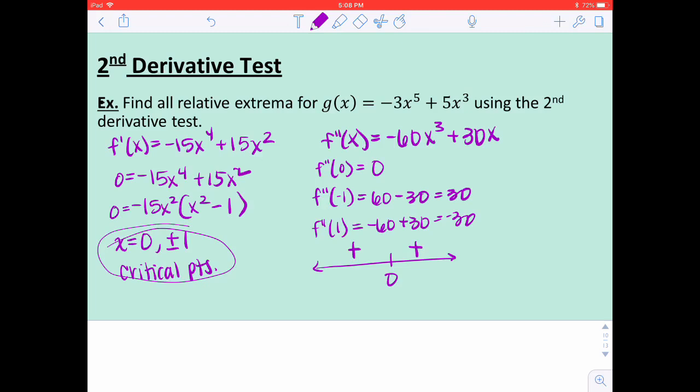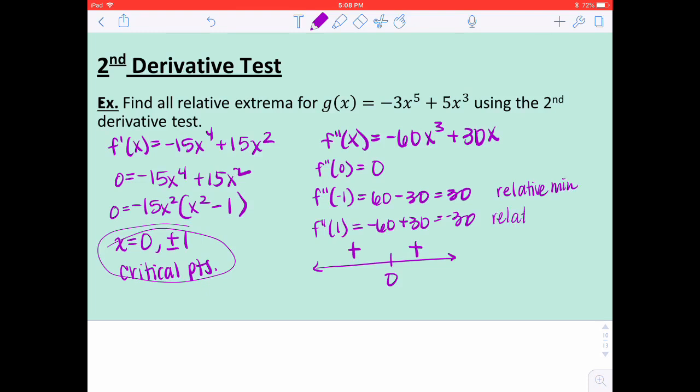So since it is positive on either side of 0, it's not changing direction. It's still positive. It's still increasing. So it's neither a max or a min. But this value here, negative 1, is our relative minimum.